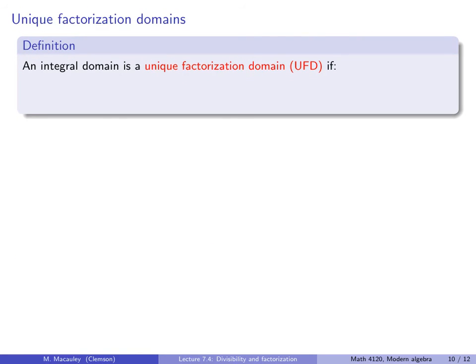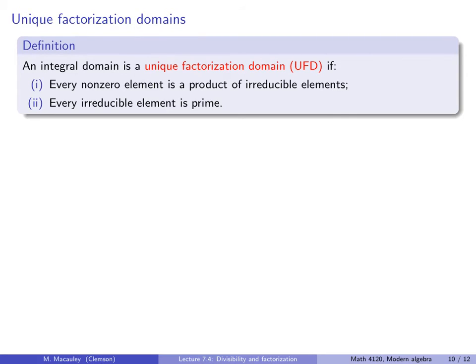The next type of ring that we want to study is called a unique factorization domain, or a UFD. So the definition is that an integral domain is a UFD if the following conditions hold. First, every non-zero element is a product of irreducible elements, and every irreducible element is prime.